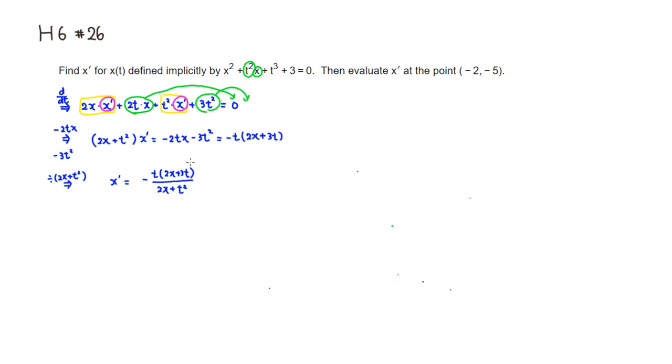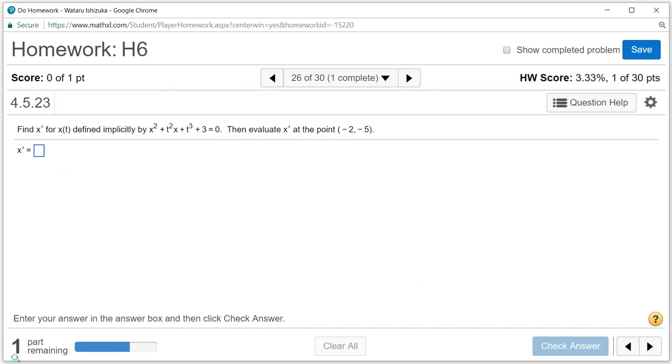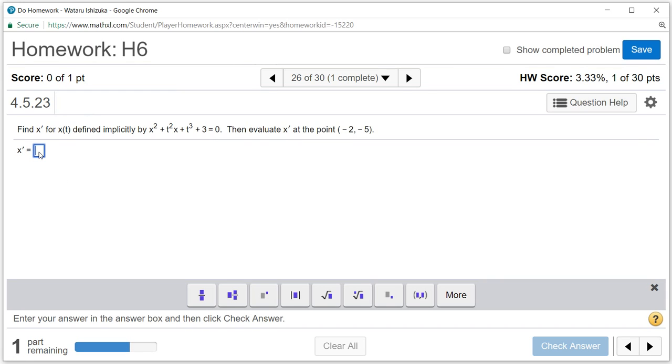So let's type this in. What we got was negative t times (2x plus 3t), and then divided by 2x plus t squared.